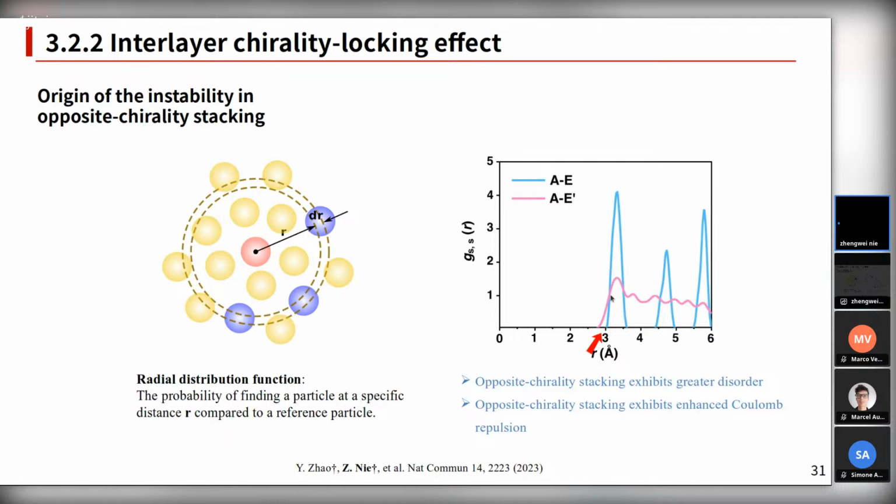But for the opposite parallelity stacking, as shown by the pink curve, it is messy and is more energy unfavorable. And as shown by the red arrows, some ion pairs are too close. This should cause a huge Coulomb repulsion, making it unstable.